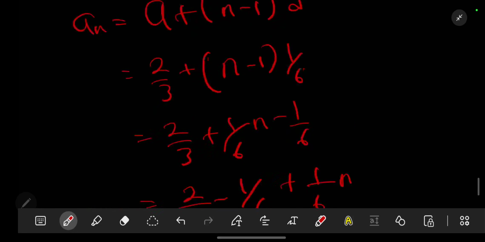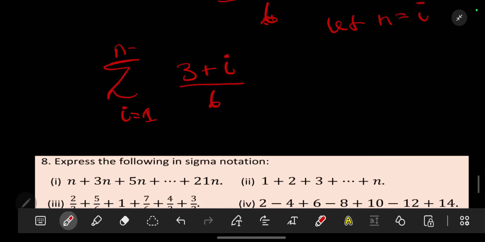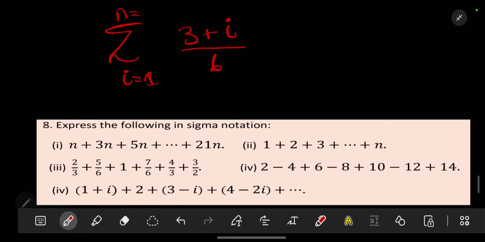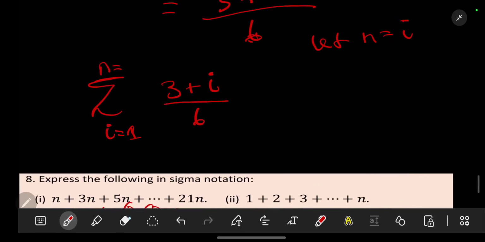Looking at the sequence, beginning at I is equal to 1, the n value will be equal to what is the highest. We have the first term, second term, third term, fourth term, fifth term, sixth term. So we are going to put 6. So this is the expression that is required.